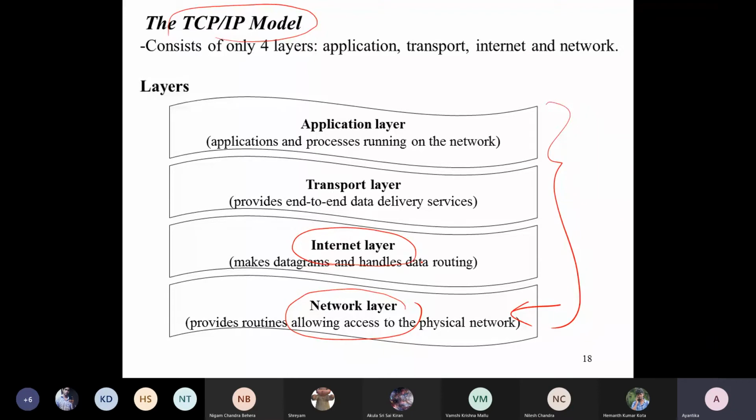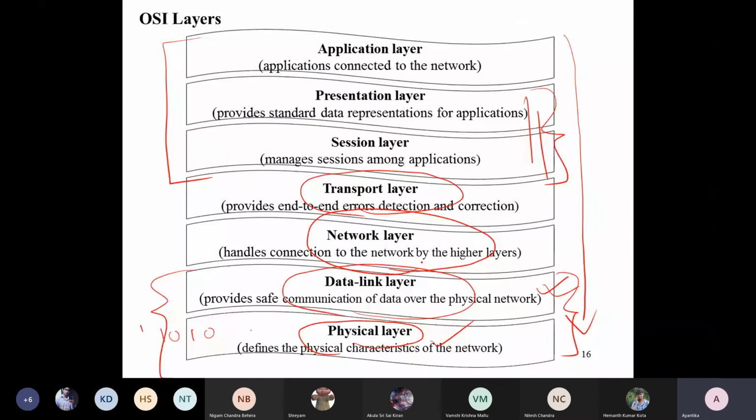For example, if I go back to the OSI layer, where a more detailed observation is given, and I tell you that today I'm going to discuss a protocol related to the data link layer, you will automatically understand that this protocol should tell us how to manage communication in a shared medium.